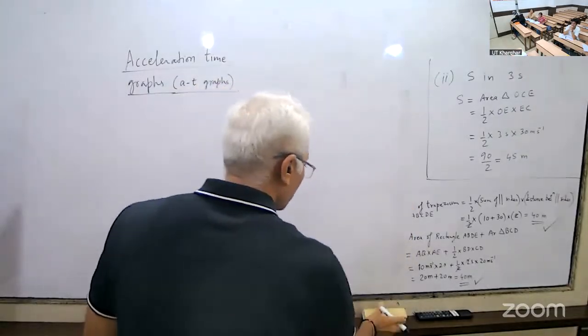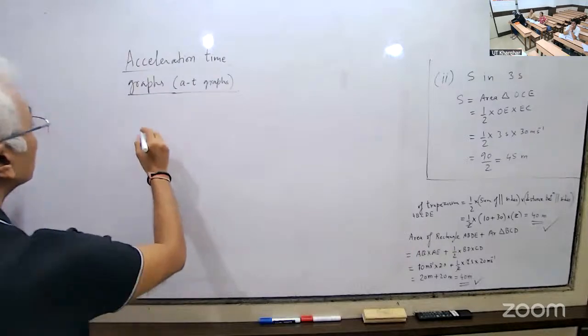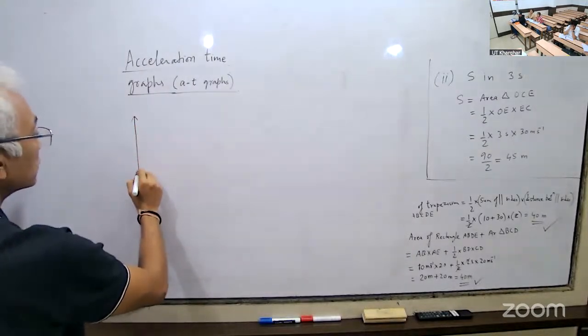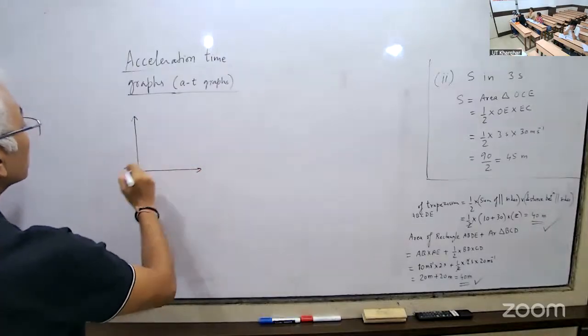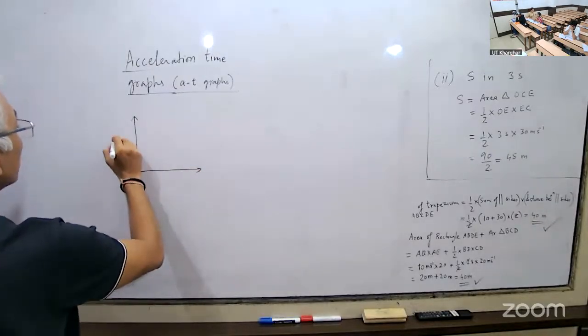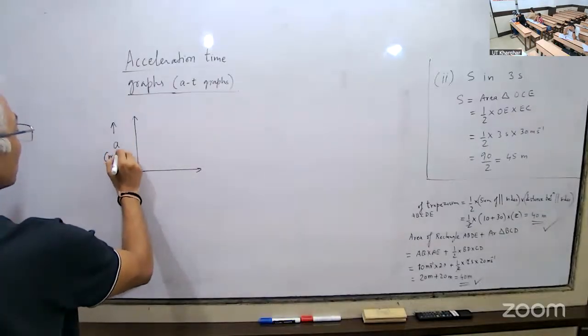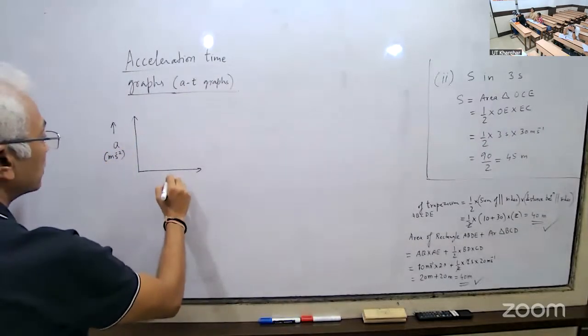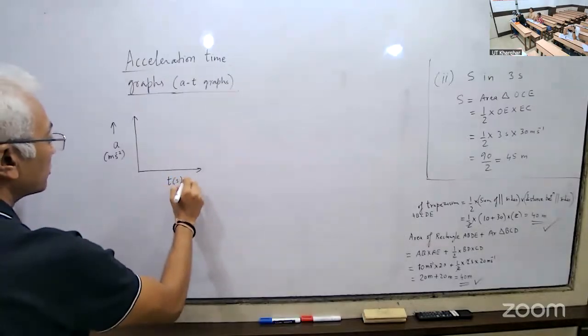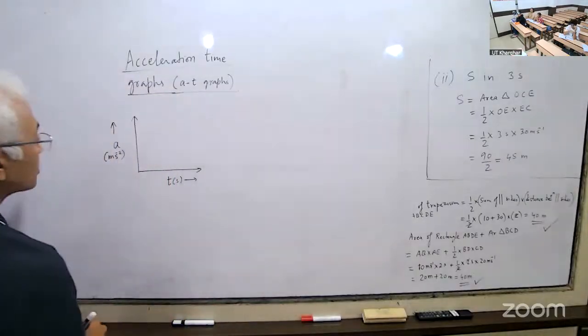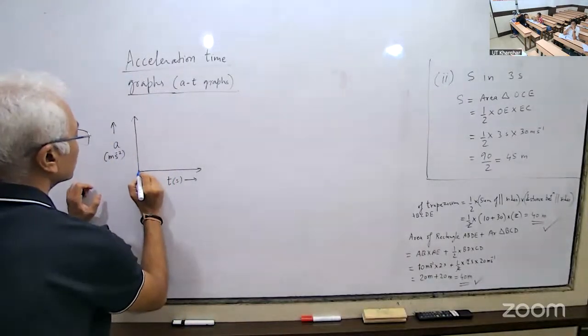So just like ST graph, VT graph, let us plot PT graph. So y-axis is A. Y-axis represents acceleration. X-axis represents time. Now acceleration is, let us say this.